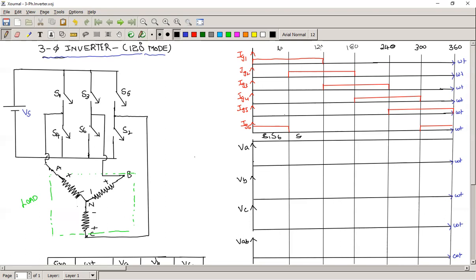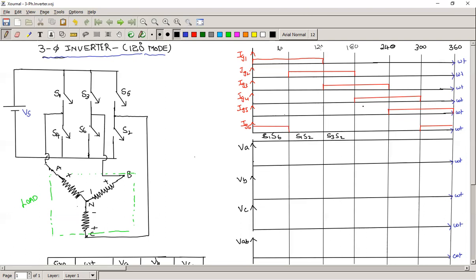Here S1, S2 are conducting. Here S3, S2 are conducting. First you write the positive group, nothing but the odd group, and next you write the even group of SCRs second.